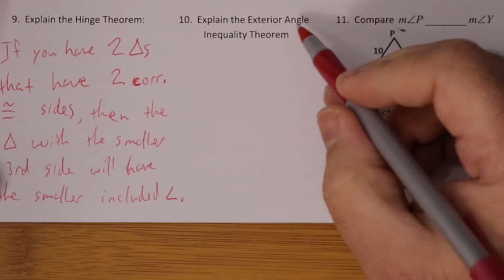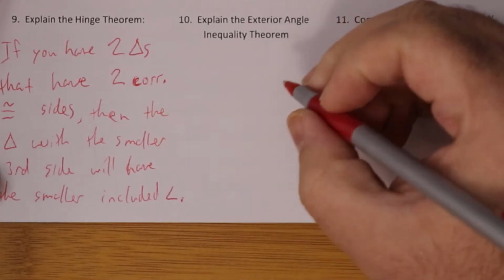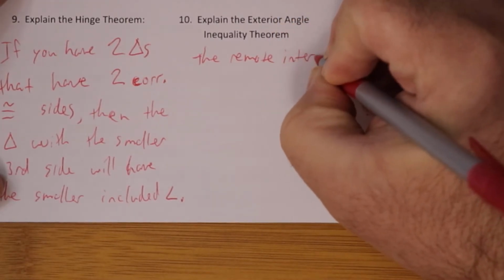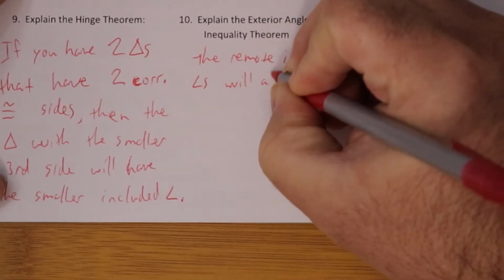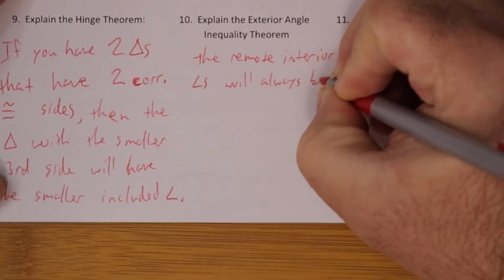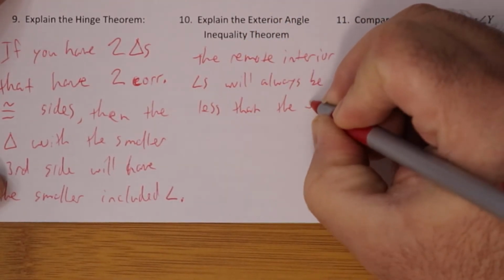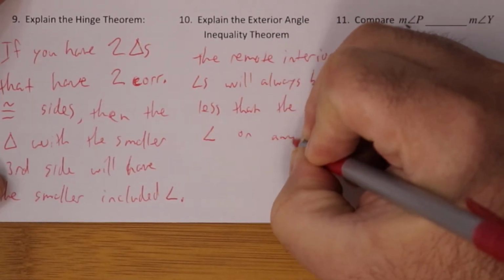Okay, the next one, explain the exterior angle inequality theorem. So that was the one where, because we know that we add the two remote interior angles to equal what's outside, we know that the remote interior angles will always be less than the exterior angle on any triangle.